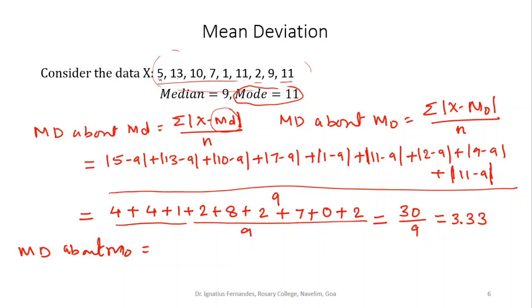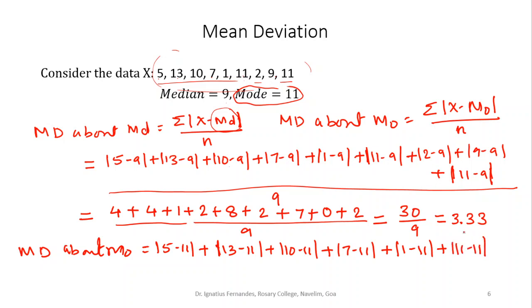So |5 minus 11|, plus next is |13 minus 11|, next is |10 minus 11|, plus |7 minus 11|, plus |1 minus 11|, plus |11 minus 11|, plus |2 minus 11|, next value is |9 minus 11|, plus next value is |11 minus 11|.